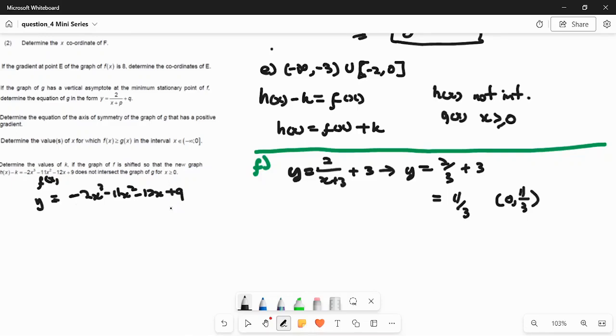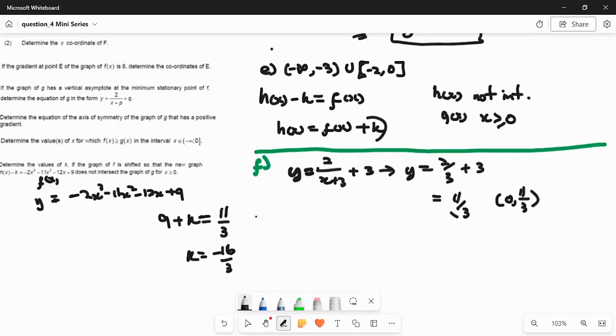For now, all of the rest does not matter. So I can say 9 plus k is equal to 11 divided by 3, and then I'll solve for k. 11 divided by 3 minus 9, I'm getting negative 16 divided by 3.